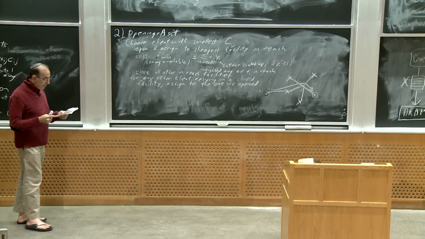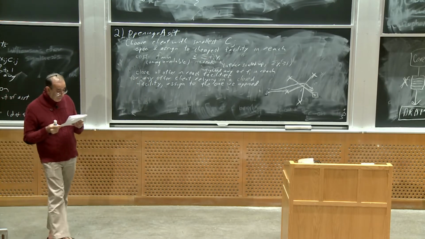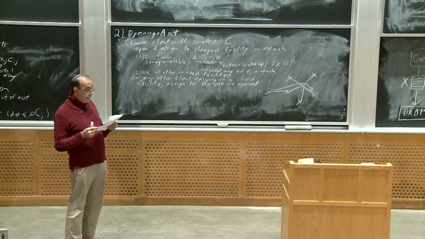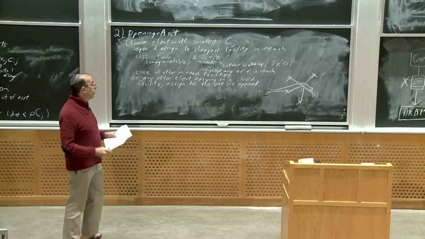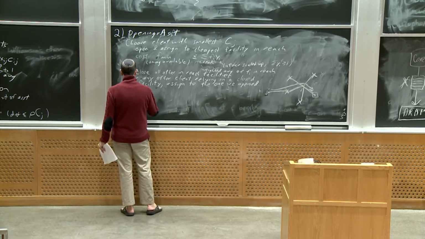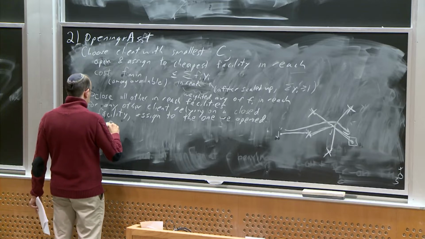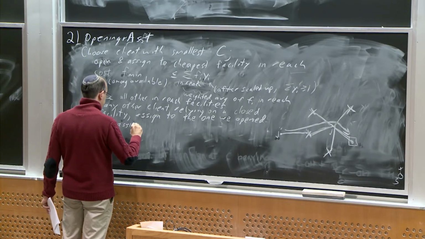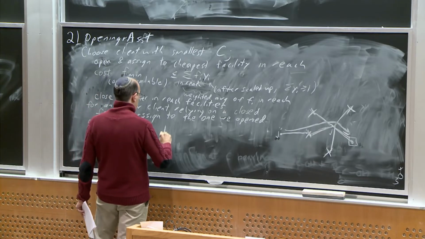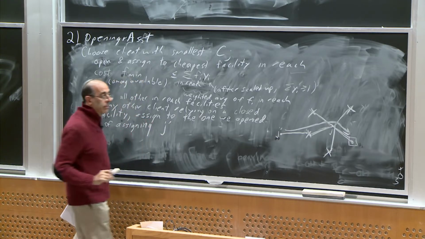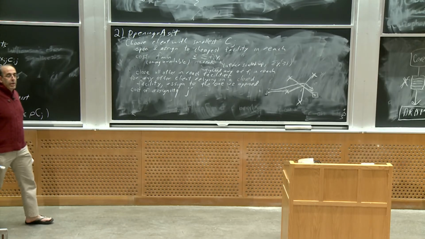The question is, how bad is that? So the cost of assigning this other client, J prime, how can we bound it?